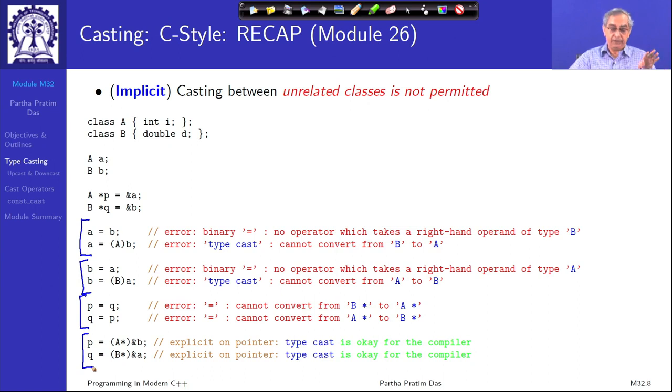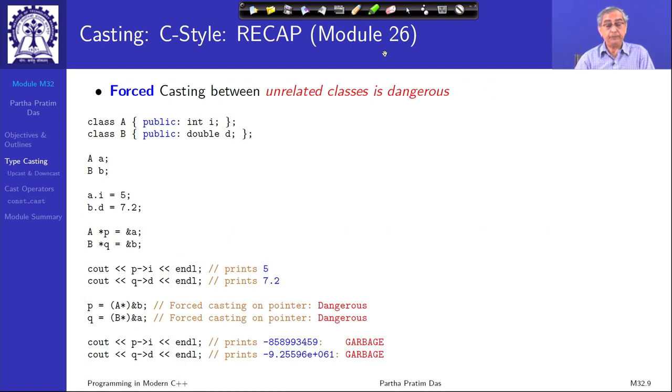Very dangerous, but you can still do it. We will see refinements of this. The reason I am just brushing up your memory on this is that in coming to C++, we will have finer rules for doing this and finer control of doing this. In C, it was only implicit or C style explicit. Here we will have minute semantic differences coming in.